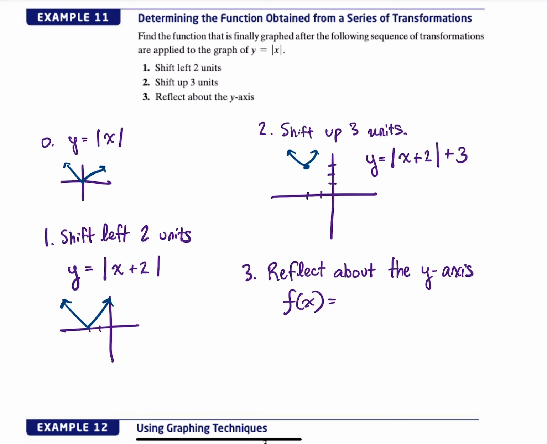That's where we would add a negative in front of our x. That causes the reflection. It turns all the negative x values positive. So let's do that.